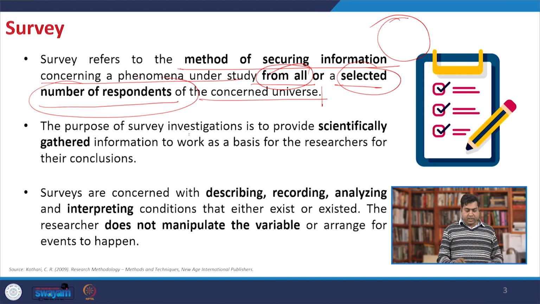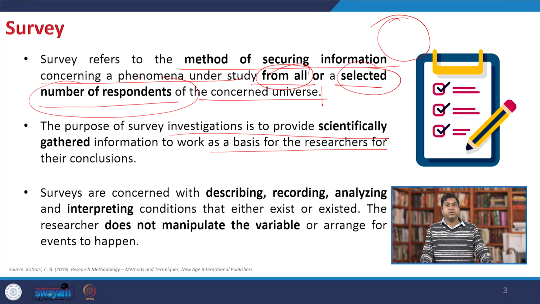The purpose of survey investigation is to provide scientifically gathered information to work as a basis for researchers' conclusions. Suppose my hypothesis is that people are not happy, or are super happy, with these amenities in that airport.